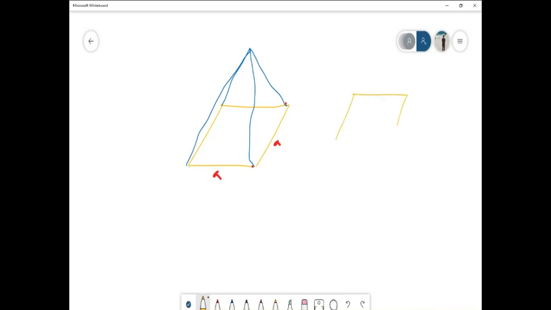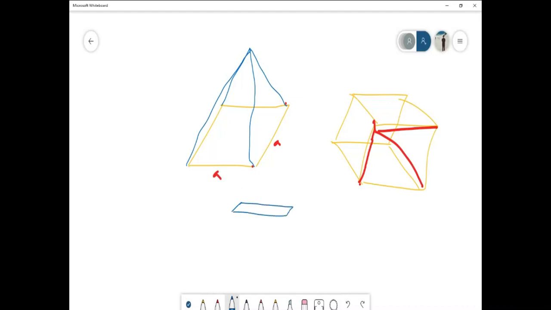So it is the same as with cone and cylinder. When we have a cube like this, when I take this portion, it will be something like this, for example.